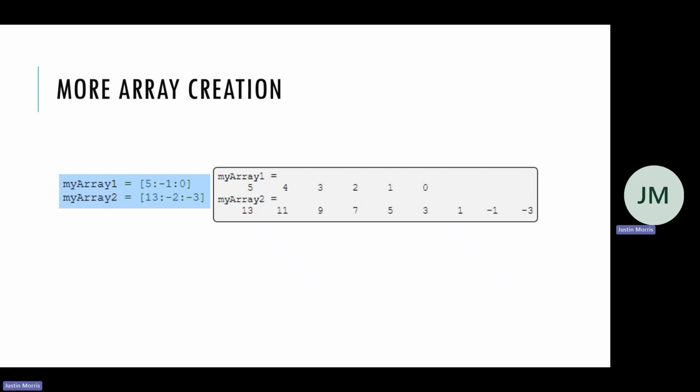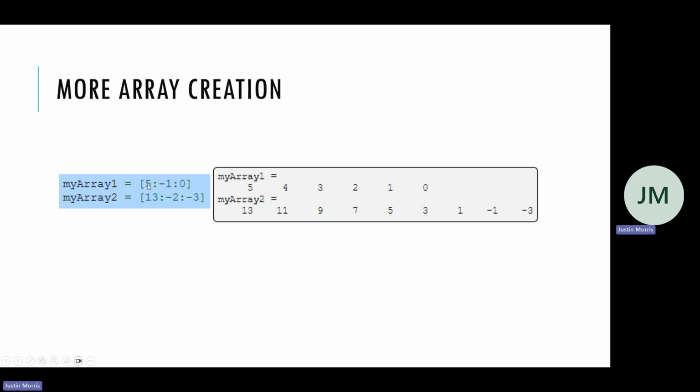All right. So we already talked about array creation. And we also talked about how we can do this kind of indexing to create different arrays. But we did not talk about how we can make the iterator negative. Right?